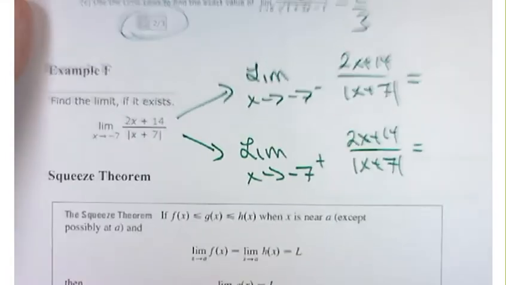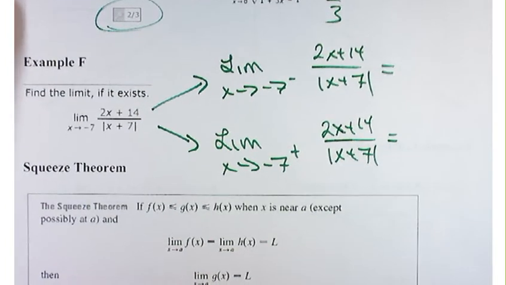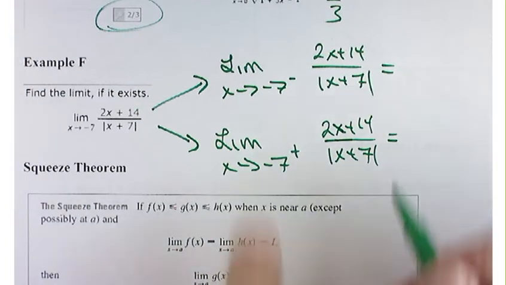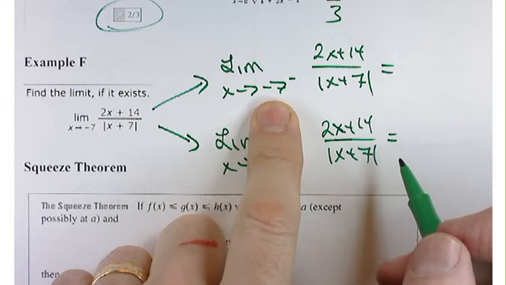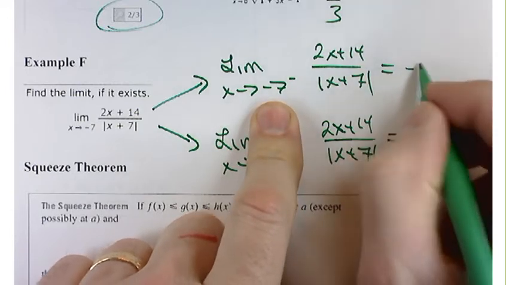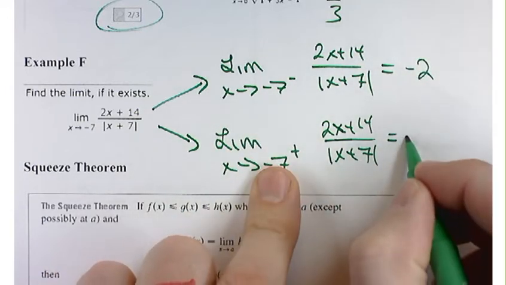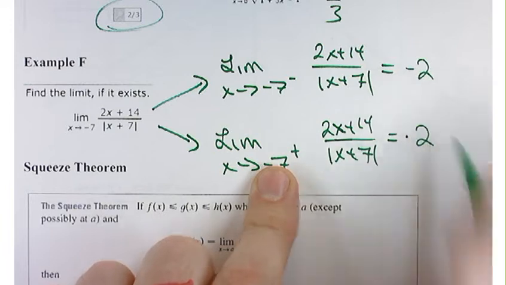Let's take a look at what those limits are. As we approach from the left, I believe that was negative 2. And as we approach from the right, it was positive 2.